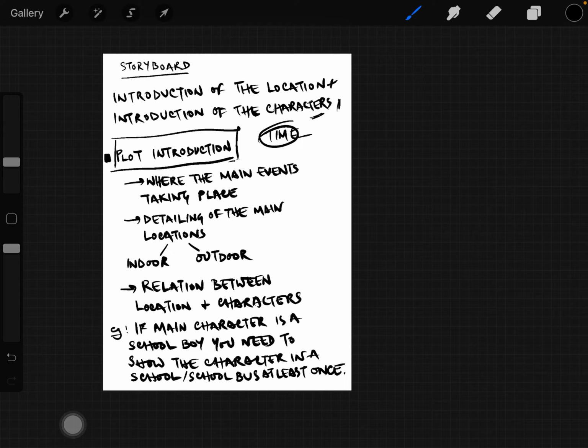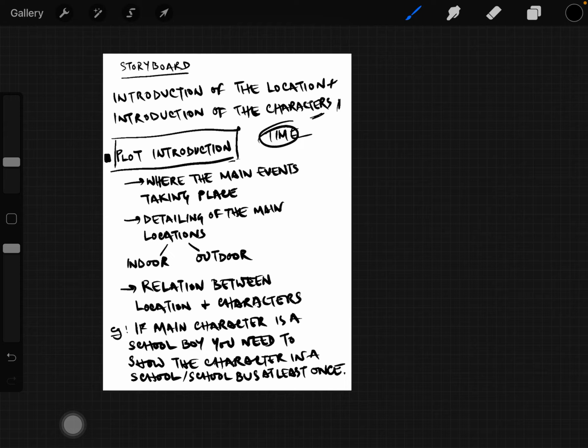Again, if your story is about, for example, a middle class man, okay, then your location will not show these kinds of huge buildings. They will show a location that is related to a middle class man. Got it?